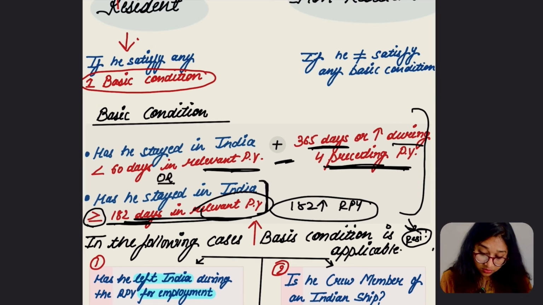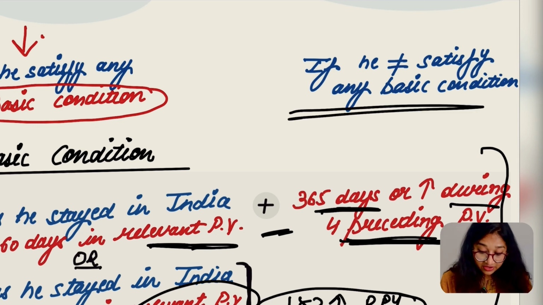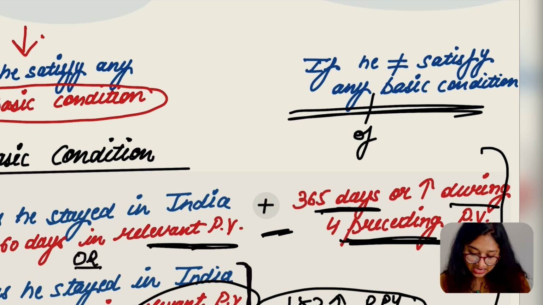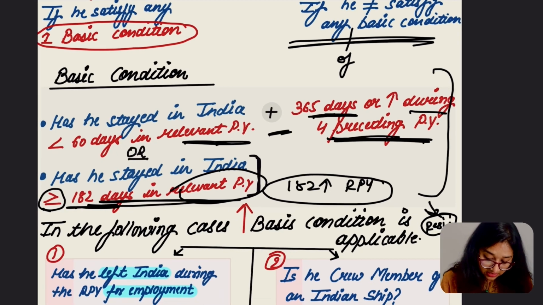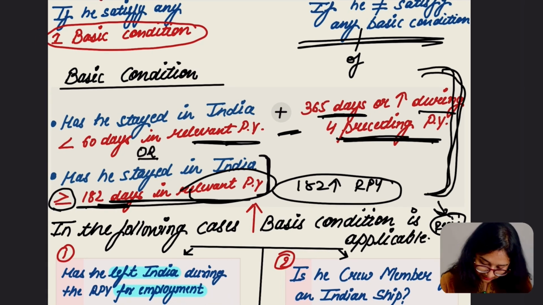But what about the non-resident? If he has not satisfied any of the basic conditions, which are these two basic conditions. Is this clear? If the individual satisfies any of these two conditions, then that person is going to be a resident of India.